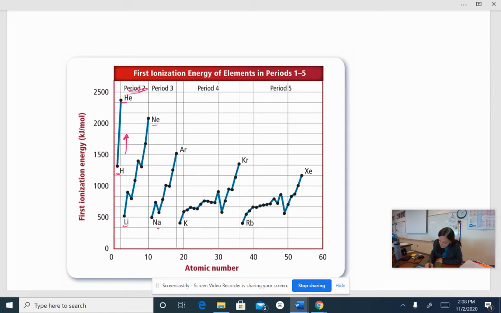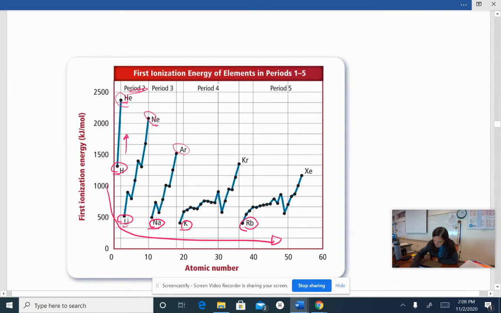Let's look at the first column on the periodic table. So this group, we got hydrogen, lithium, sodium, potassium, rubidium. Notice as we go down this group, our ionization energy gets a little bit less each time. And let's look at the noble gases. This is another group. Helium, neon, argon, krypton, and xenon. Notice as we go down that group, our ionization energy also goes down.